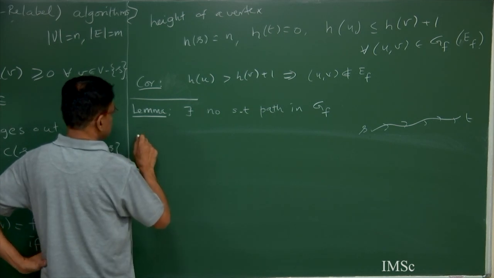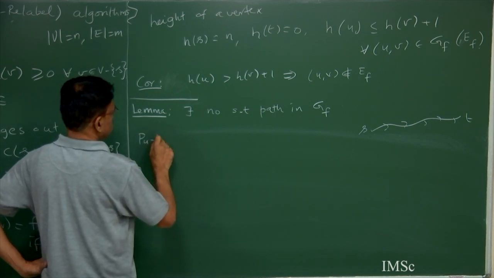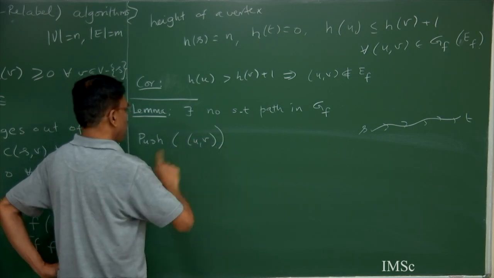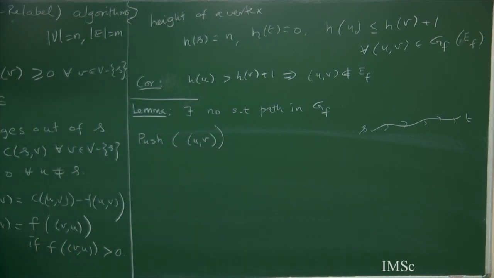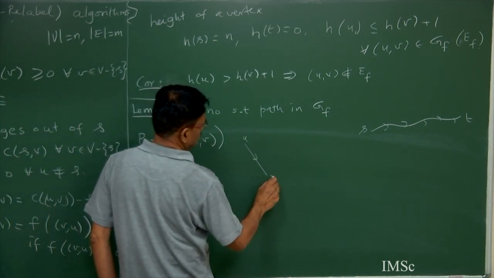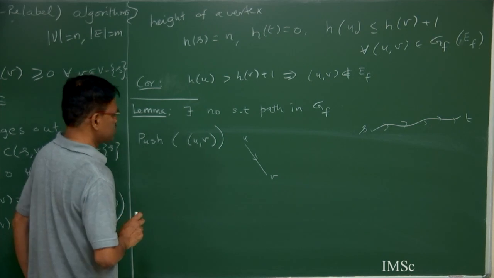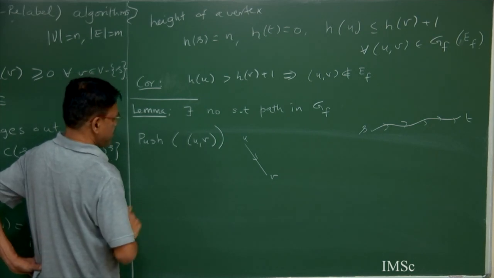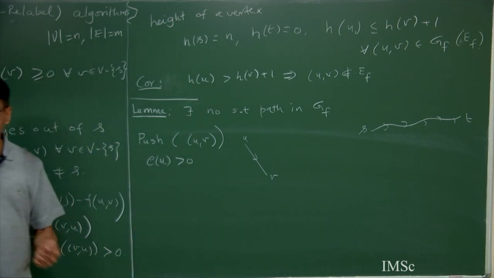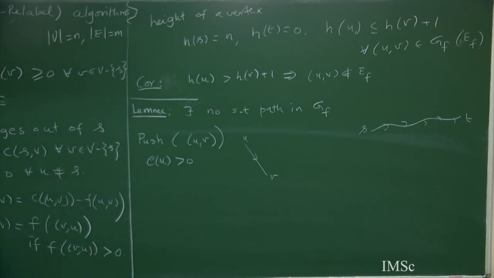It has two operations: push on an edge uv. When is this applicable? I'm going to push some flow through this edge uv. I want the following conditions to be satisfied. E of u must be strictly greater than 0. u should have some excess to push.